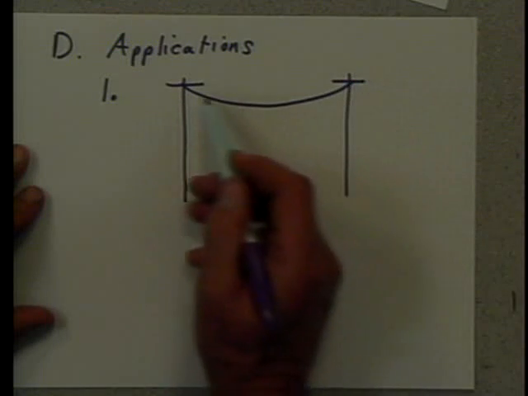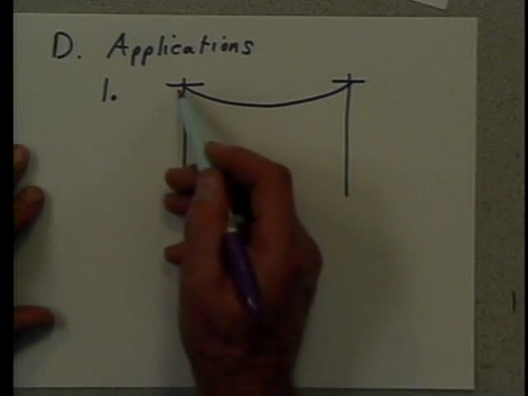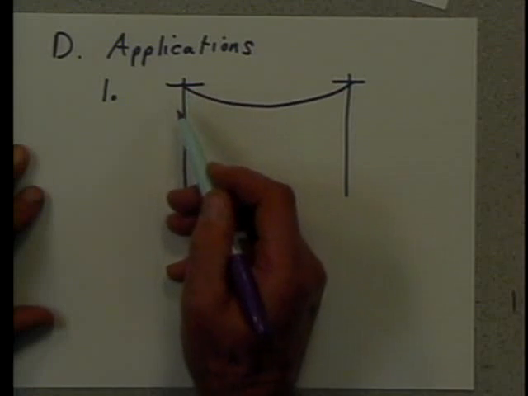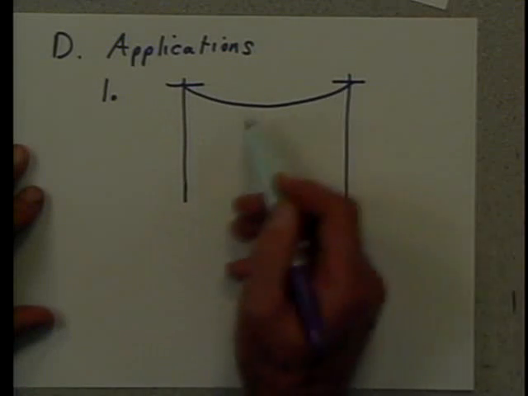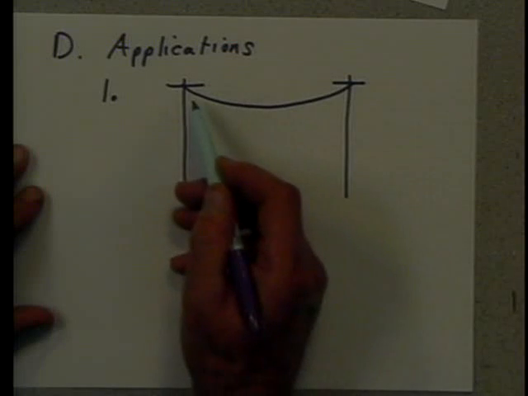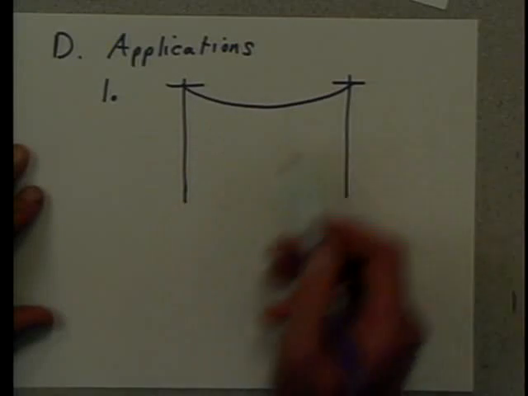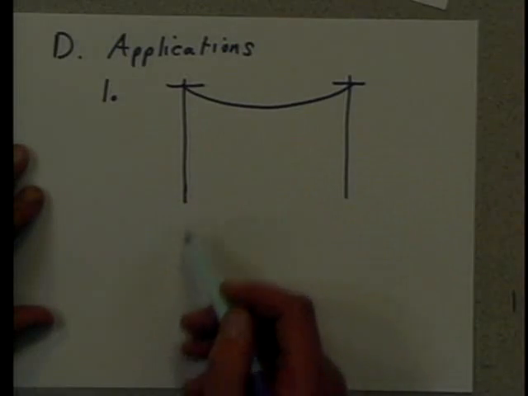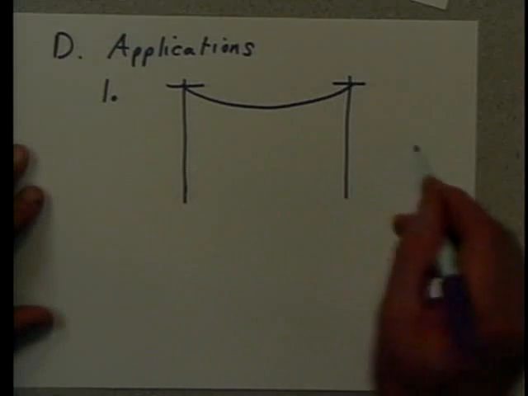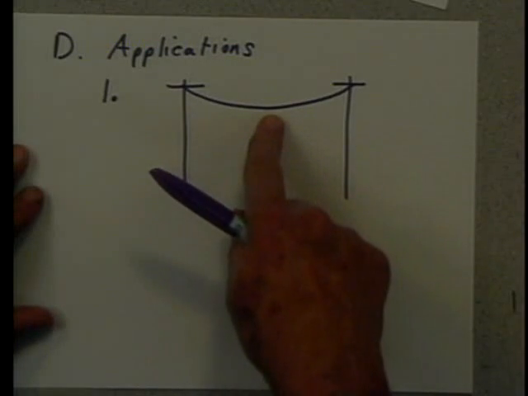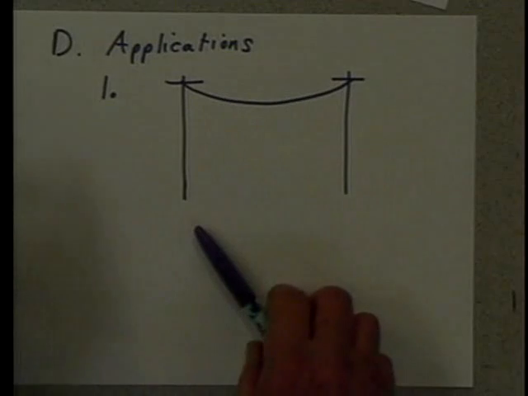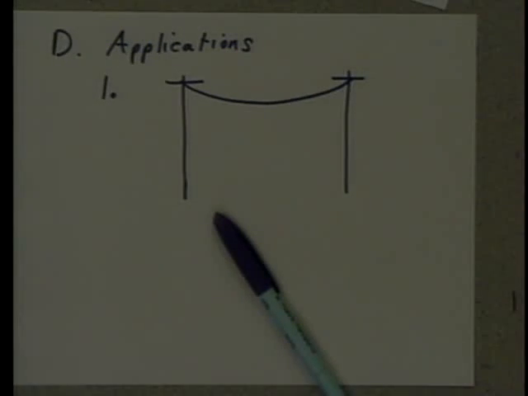But there is a formula in Calc 2 for calculating lengths of curves like this. All you have to know is the function that represents it. So if you know this is a catenary and represented by a hyperbolic cosine function, it's not hard to get perfectly, exactly the length of that curve, which will vary depending on the tension, but the coefficients in the equation are adjusted for the tension. Okay, that's one. It measures hanging wires between two poles.